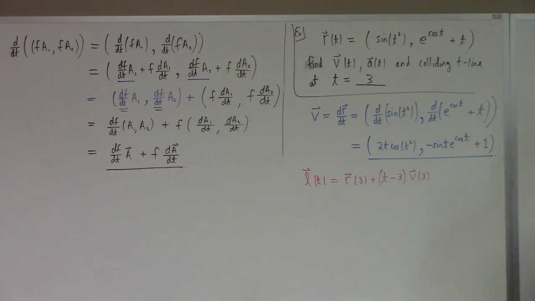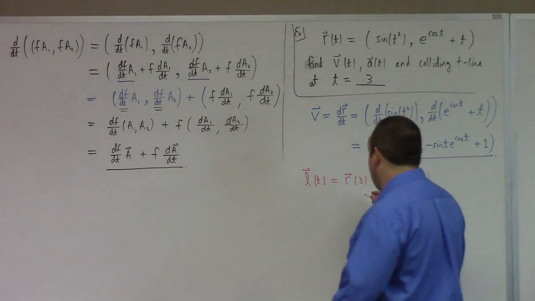I didn't write that as velocity when we talked about it previously, but it is. dr/dt is velocity, so the direction vector for the tangent line is given by the velocity at the appropriate time. It's important that you evaluate the velocity at the appropriate time. You shouldn't just put v(t) there. That would be wrong, but also a very popular mistake, both in Calculus 1 and in here.